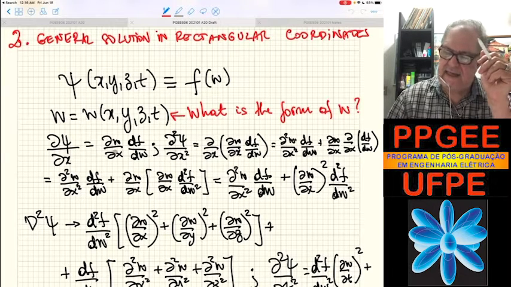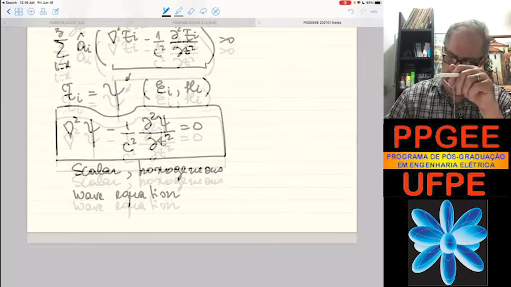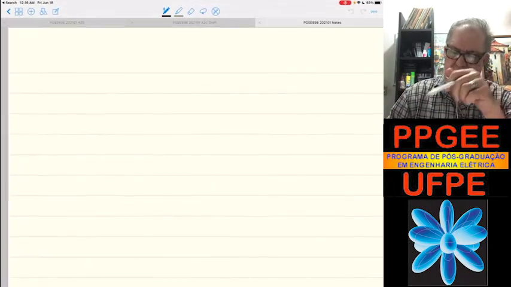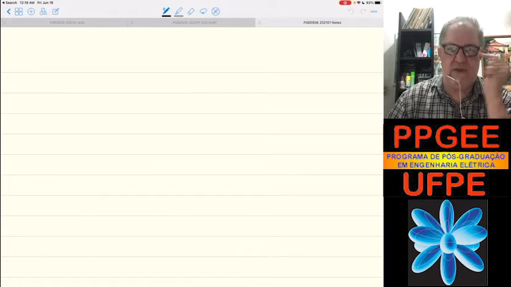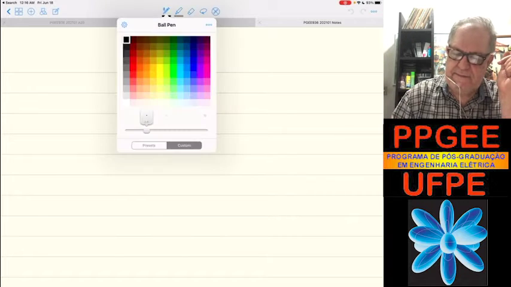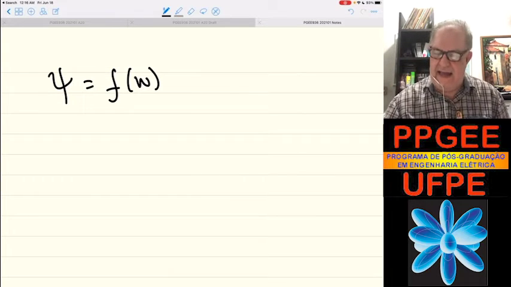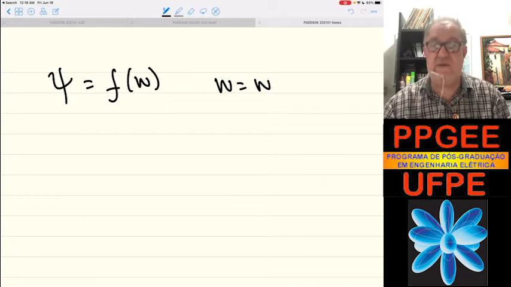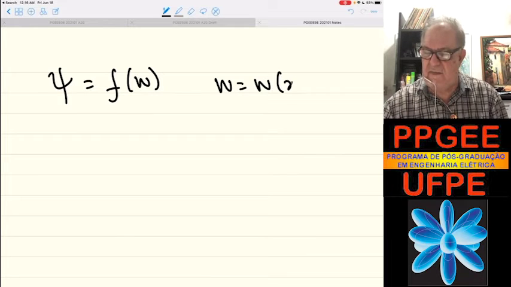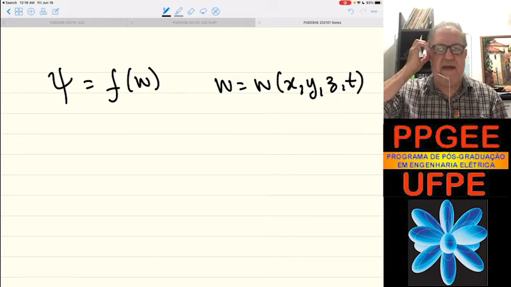Let's calculate dpsi/dx. Let's use the fact that psi is a function of w, and w is some sort of function. We want to determine the form of w. What are the possibilities for w?